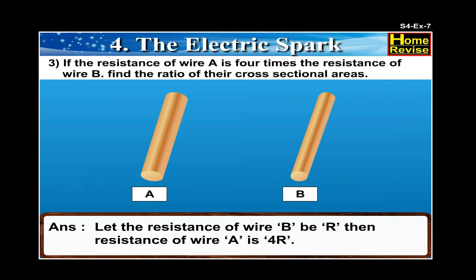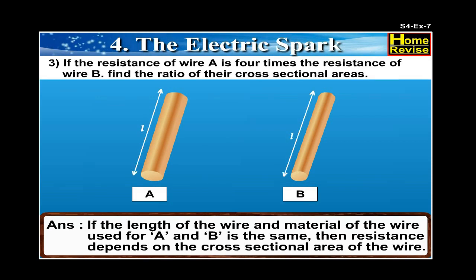Let the resistance of wire B be R, then resistance of wire A is 4R. If the length of the wire and material of the wire used for A and B is the same, then resistance depends on the cross-sectional area of the wire.